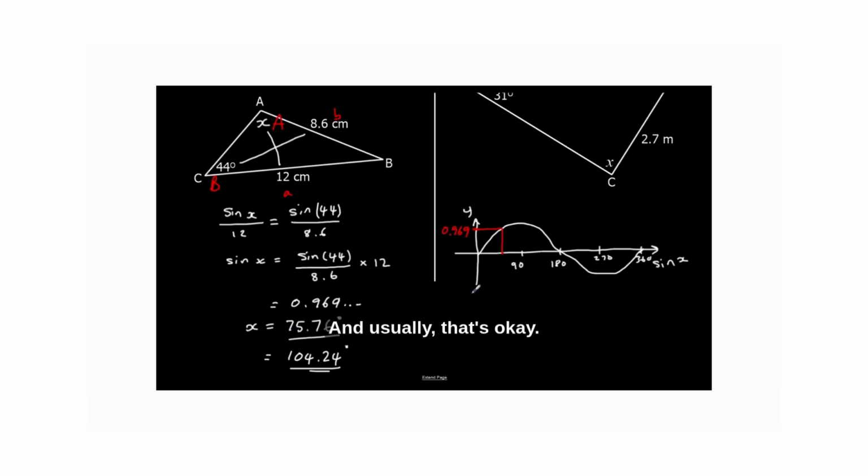And usually that's okay. We're happy with the first one. But in this case, we actually wanted the second one. And the calculator doesn't give us that answer. So we have to do an extra calculation. And using this symmetry, so saying the same gap here, which was 75.76, is the same as this gap here.